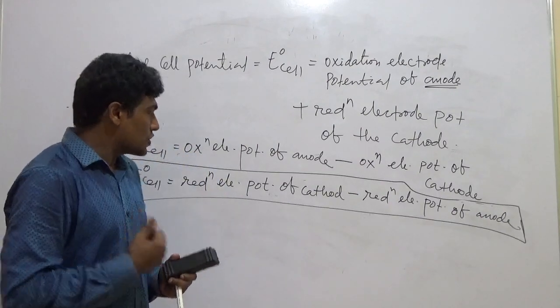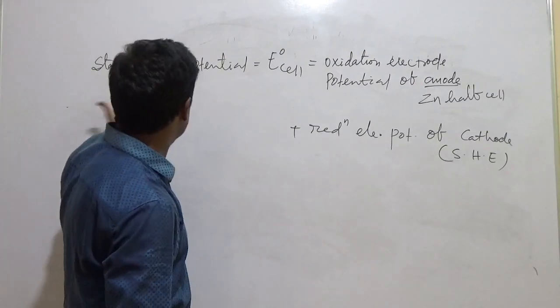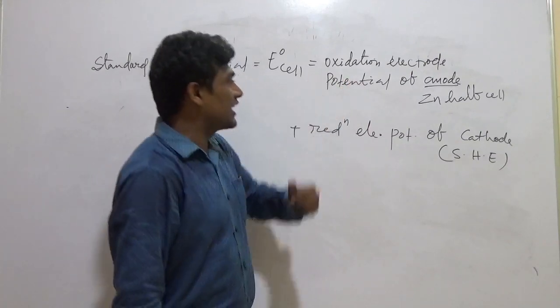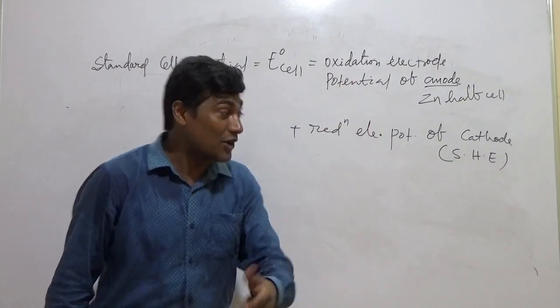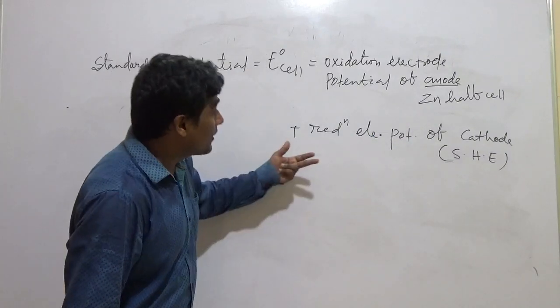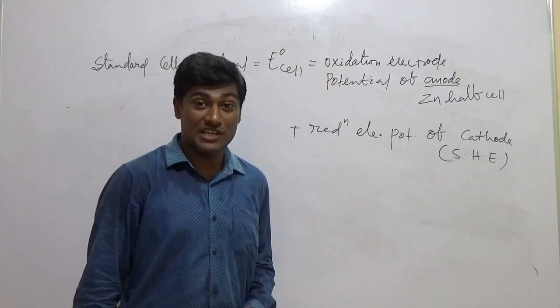So how to give a notation? Since we have taken the standard cell potential E°cell to be the oxidation electrode potential of the anode, here the anode is nothing but the zinc half cell where oxidation takes place, and with it we should add the reduction electrode potential of the cathode.